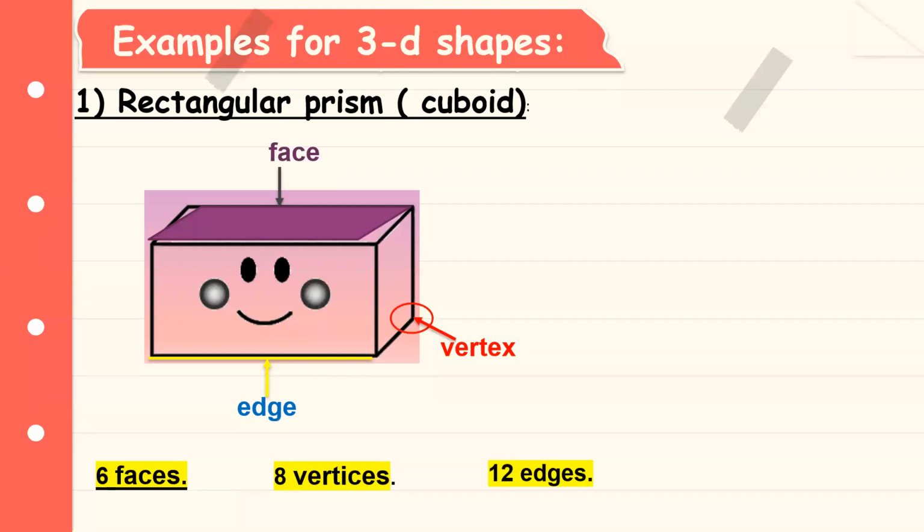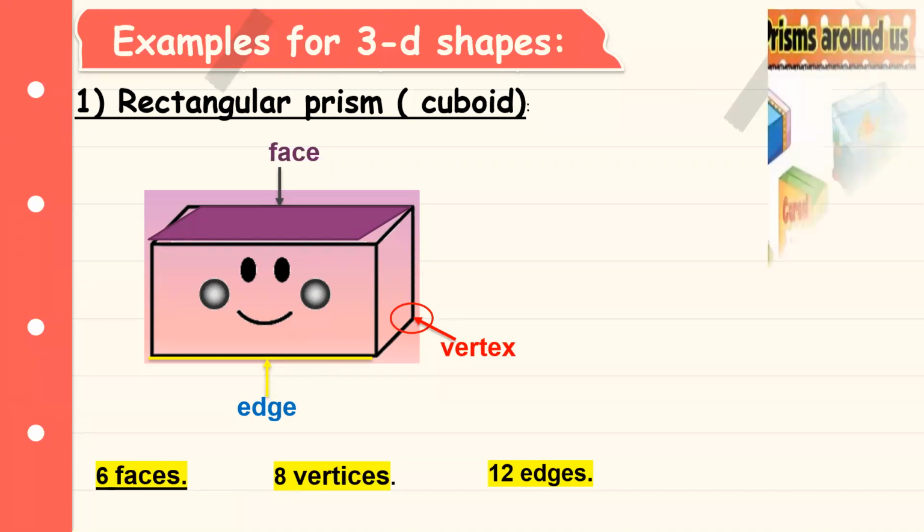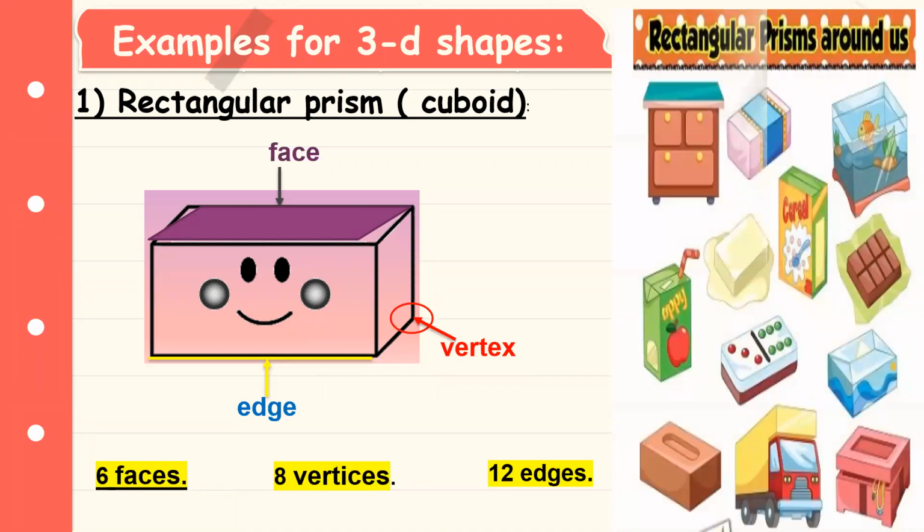What is the edge? It's the line between 2 faces. So here we have 12 edges. So in the rectangular prism or cuboid, we have 6 faces, 8 vertices, and 12 edges.